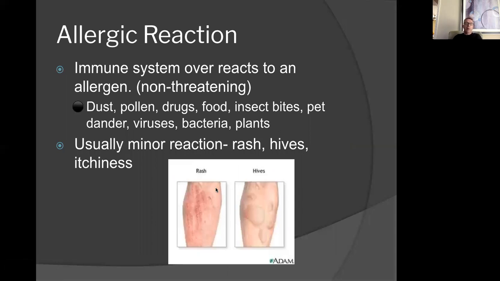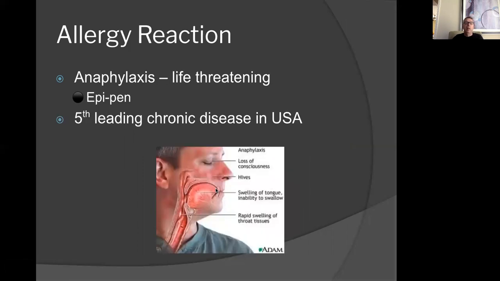What's an allergic reaction? It is an immune response which overreacts to an allergen. So dust, pollen, drugs, food, insect bites, things like that, usually rash, hives, or itchiness. Major anaphylaxis is life-threatening when it constricts your breathing passages.